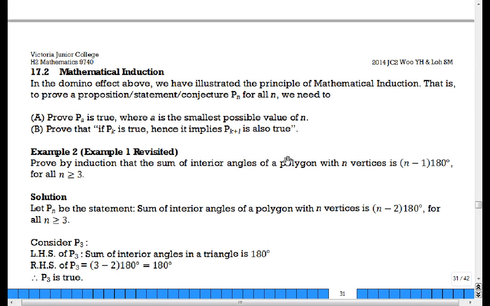So, 17.2 says this. All you need to prove is that the first case is true, where a is the smallest possible value of n. Then after that, if P(k) true implies P(k plus 1) true.